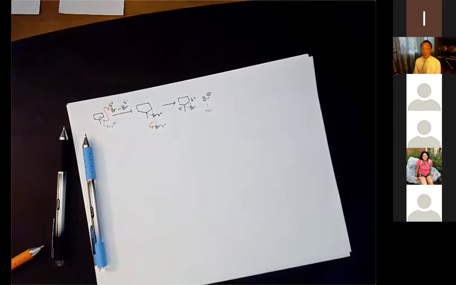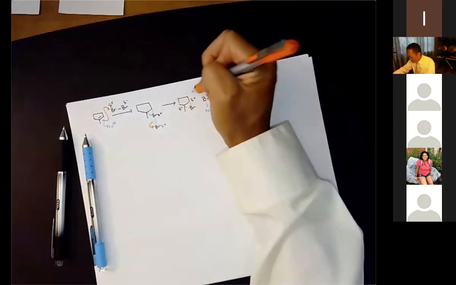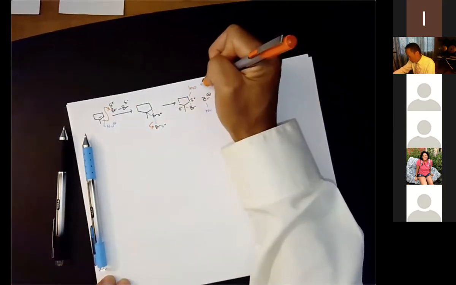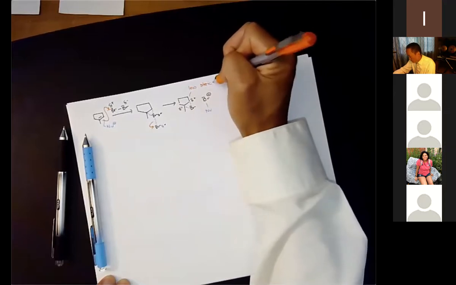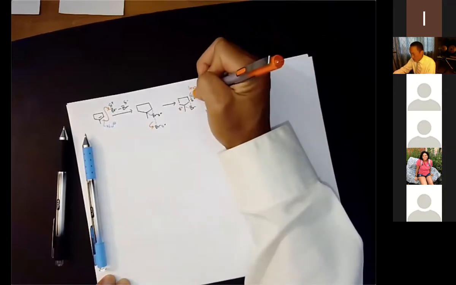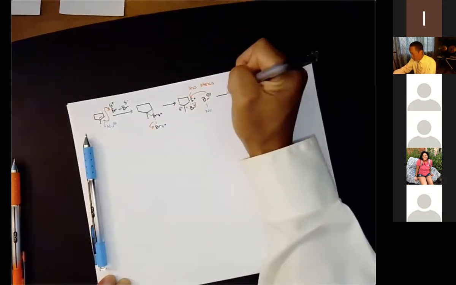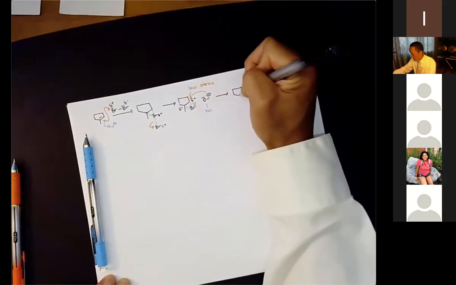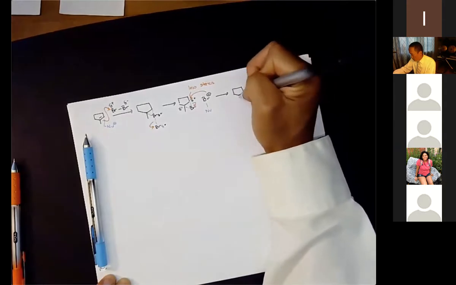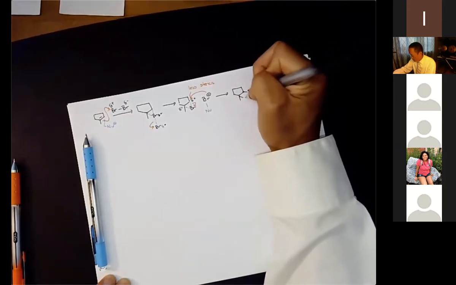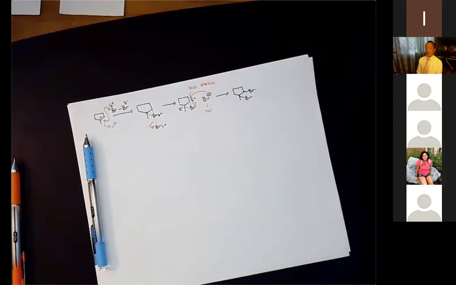One is less sterically hindered right here, and so you get breakage of this bond to form the bromine added across that double bond.